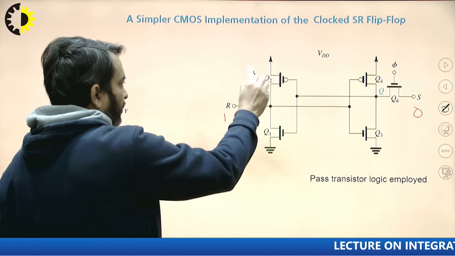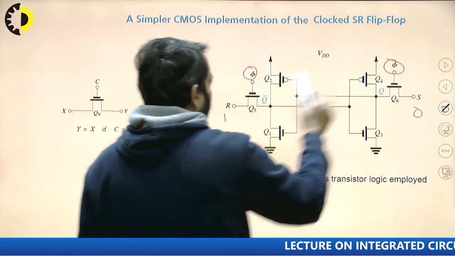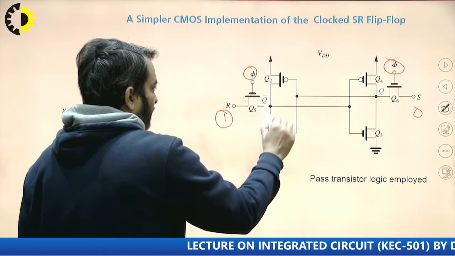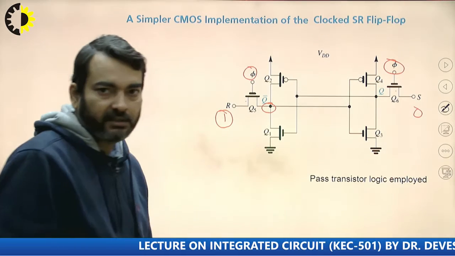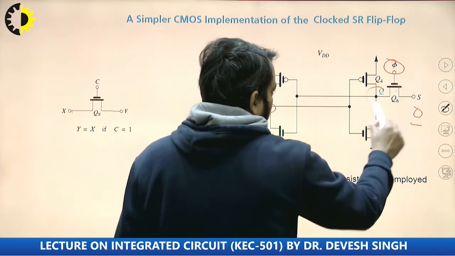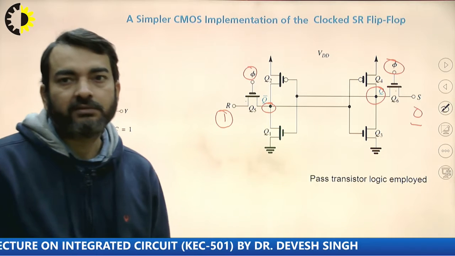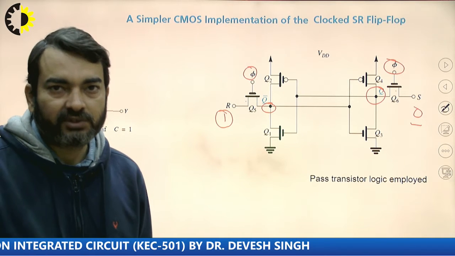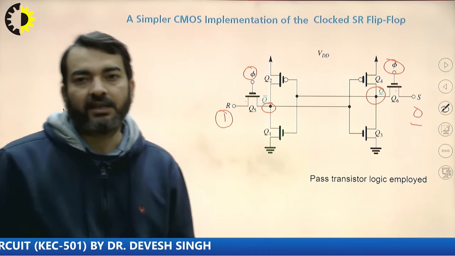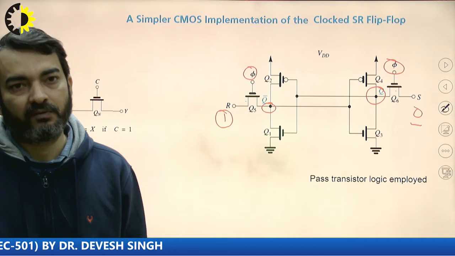Again if the clock pulse is high, these two transistors will be on and this data will be forwarded up to this point, meaning Q bar will be 1 and Q will be 0. So this is a simple structure which is used for setting or resetting the flip-flop.